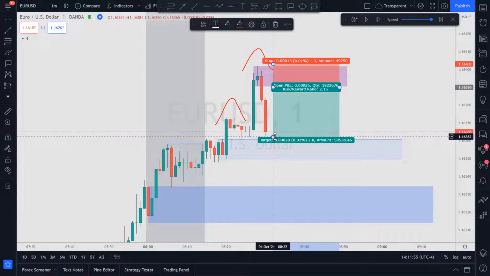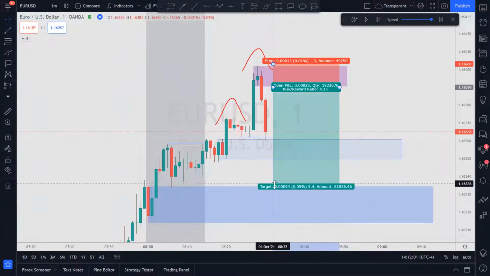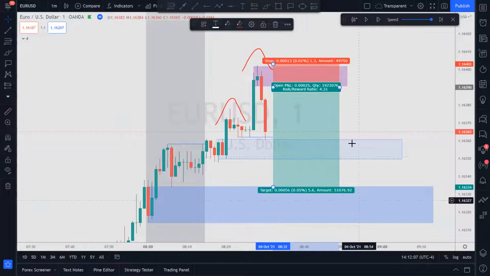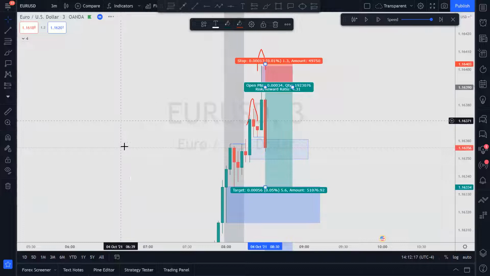You understand? All right. And I want to take this down to what I figure is the more legitimate order block, because from here, price moved. Look at this on the 3 minute.